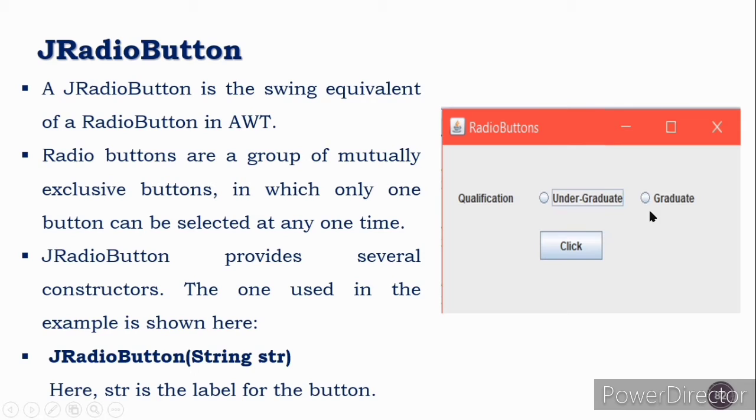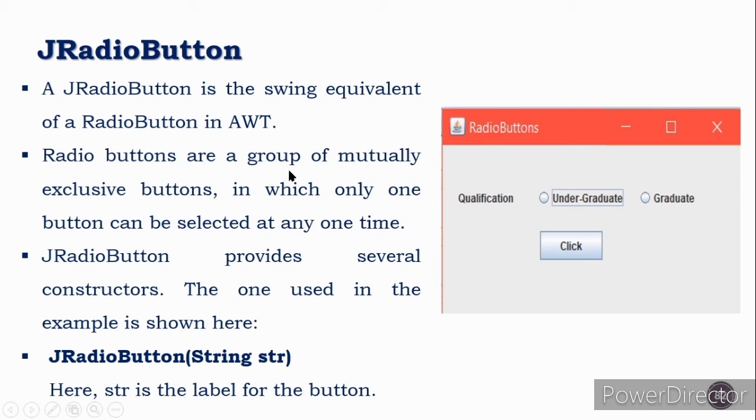See here. These radio buttons are displaying qualification, whether you are an undergraduate or a graduate. If any one of these is selected at a time, we can't select both items at a time.